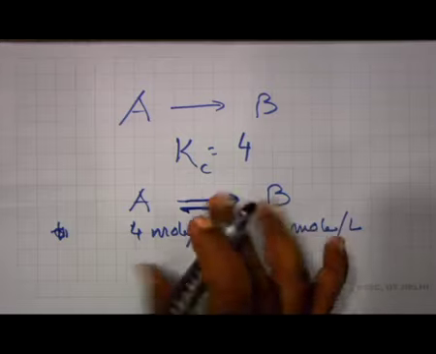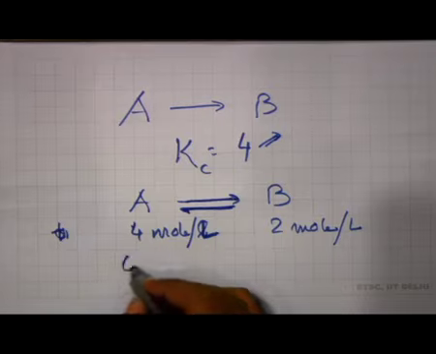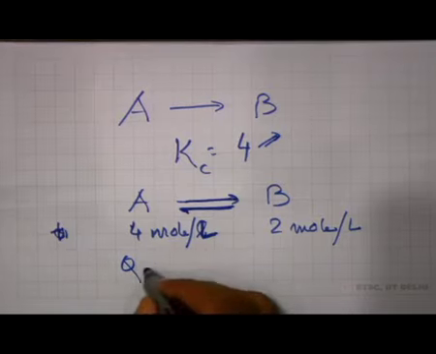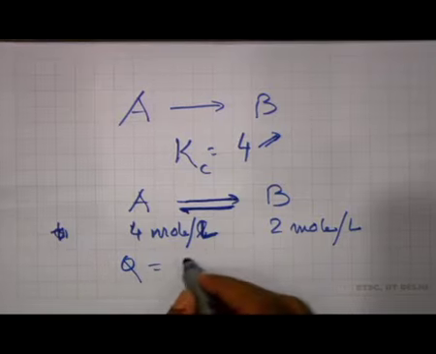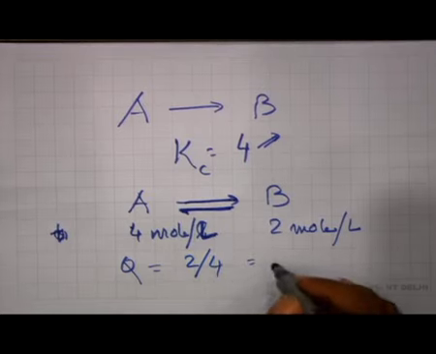We can do that since we have Kc and we know the value of Q. In this case, Q is what? 2 by 4, and so Q is half.